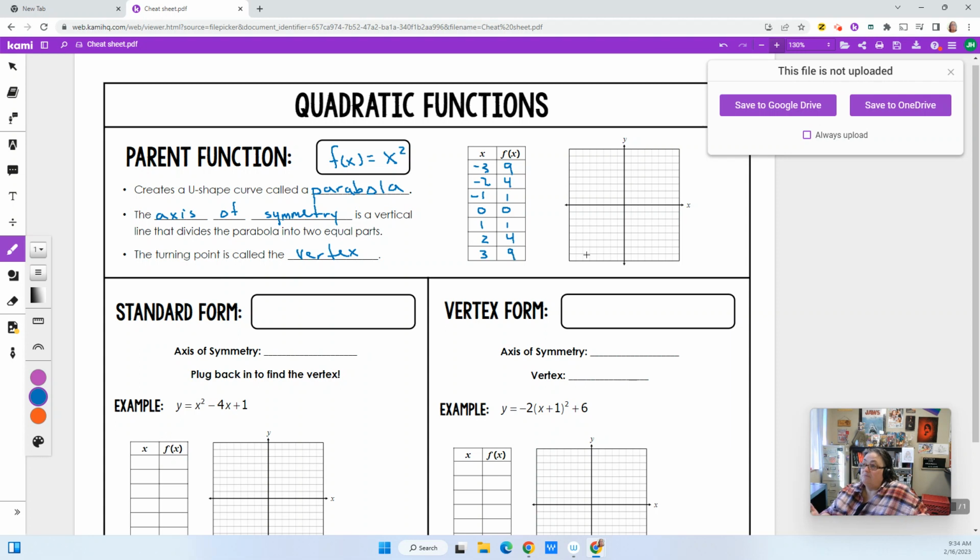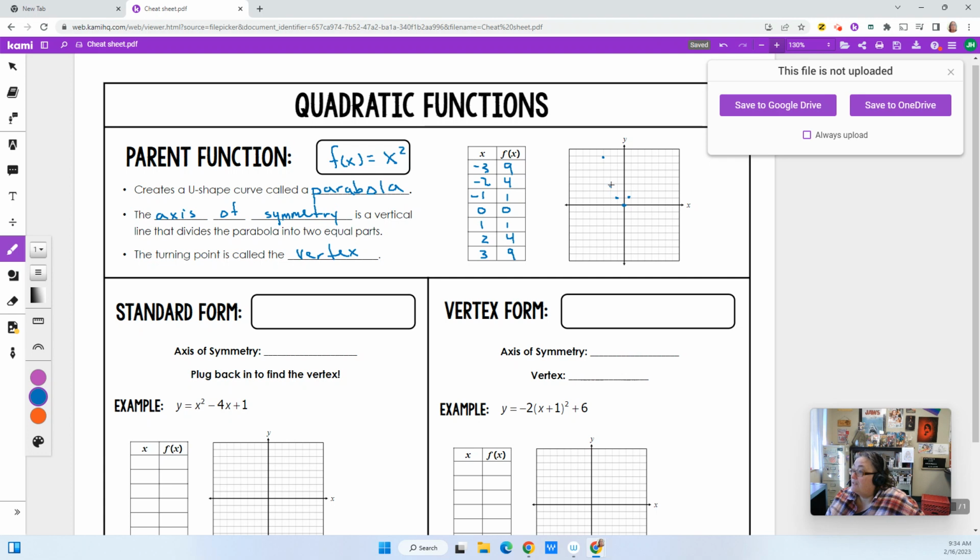Because that's what symmetry is, right? They're going to be the same on both sides. And when we go to graph those points, we would have a point at negative 1, 1. We'd have a point at 2, 4. We'd have a point at 3, 9. And that is going to repeat coming over in this direction too.